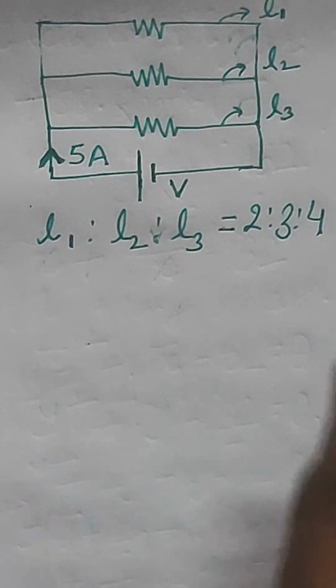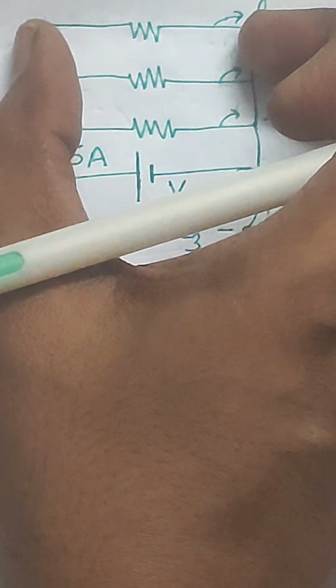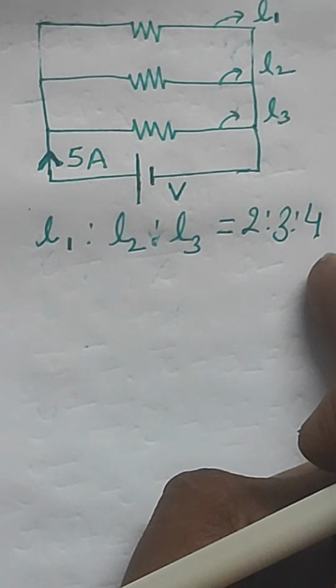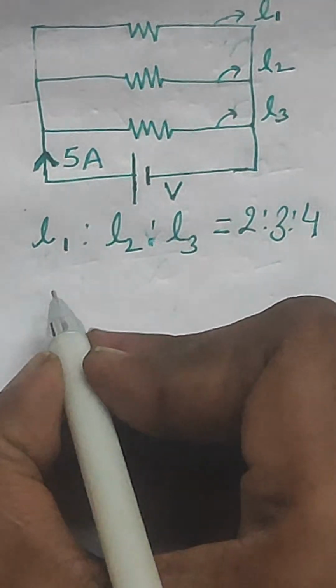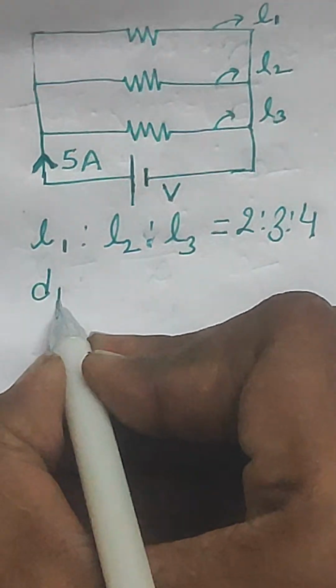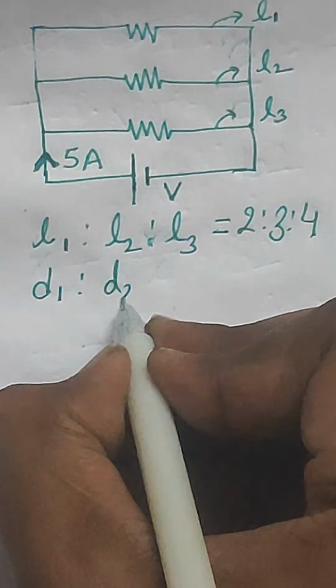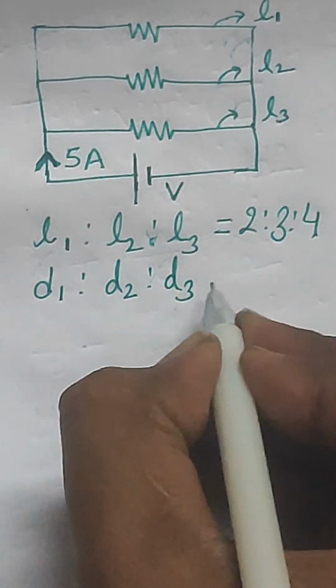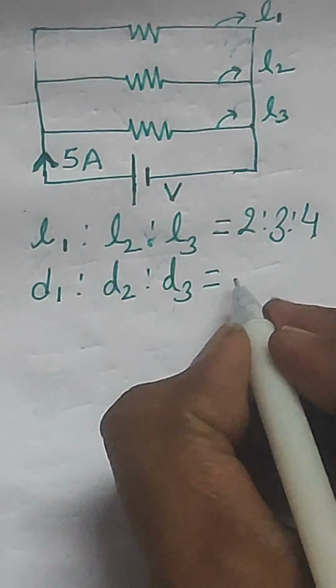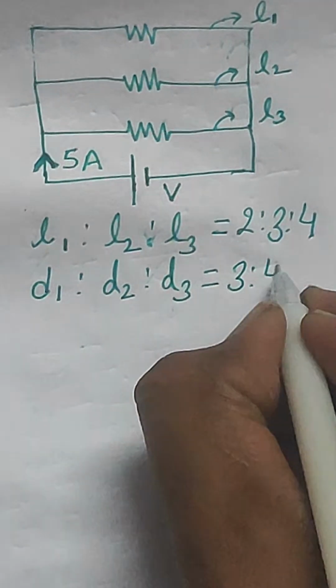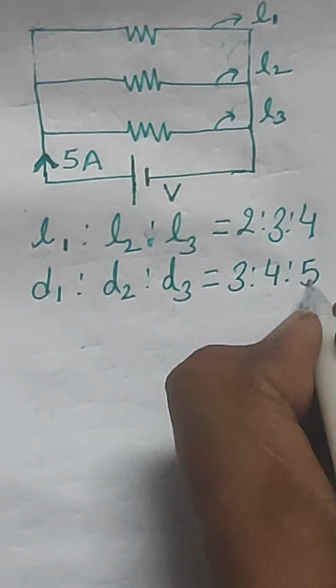We know that the resistance of any wire is directly proportional to its length. So the ratio of their corresponding lengths is given to you for all these three branches. Now, their diameters, that means D1 is to D2 is to D3, this ratio is also given to you, and that is 3 is to 4 is to 5.